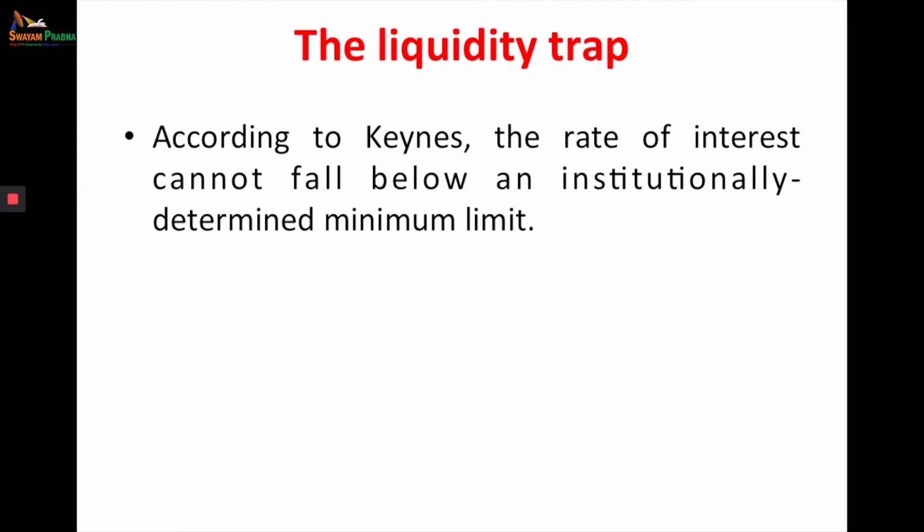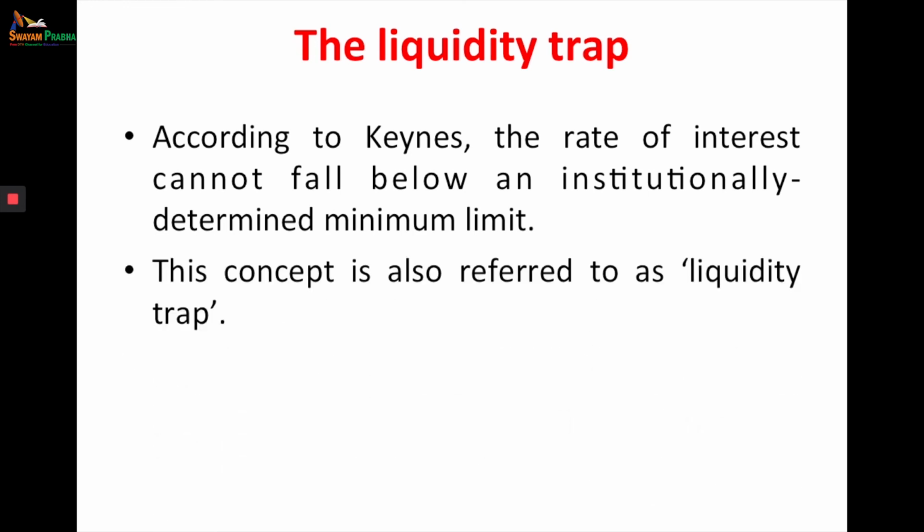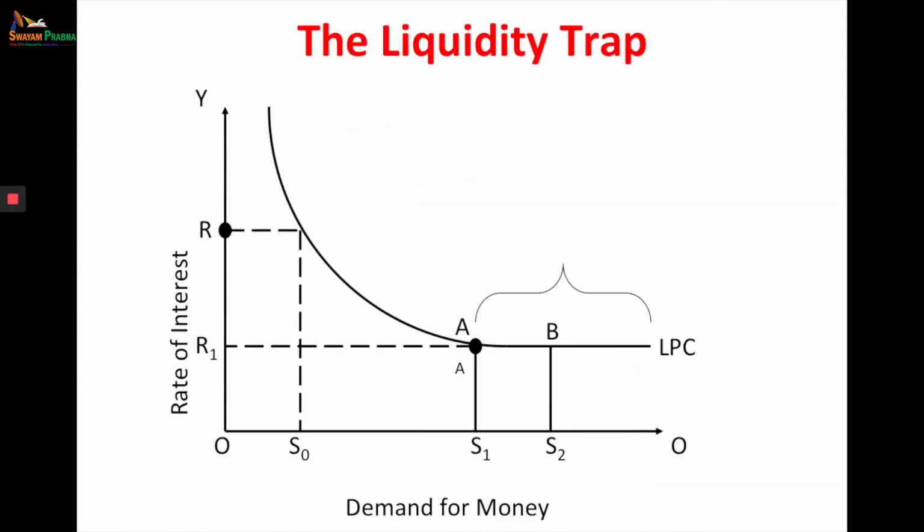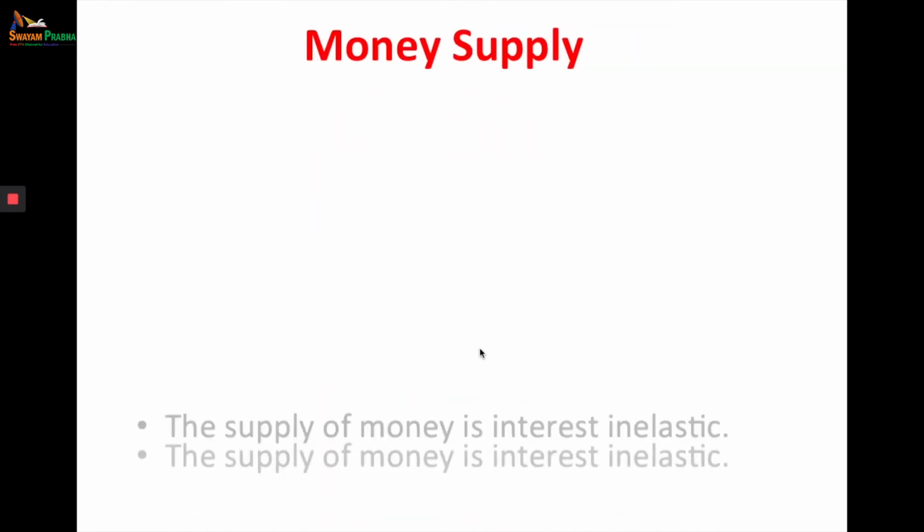According to Keynes, the rate of interest cannot fall below an institutionally determined minimum limit. This concept is referred to as the liquidity trap. This part of the LPC is known as the liquidity trap.